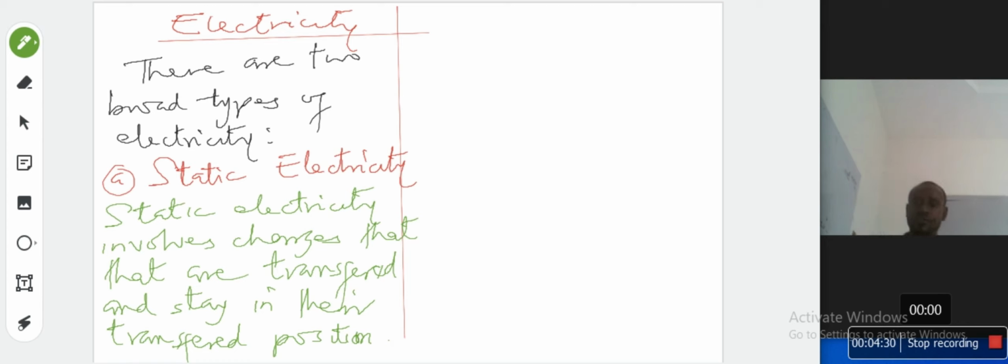Okay, so that's static electricity: charges that are transferred and they stay in their transferred position.